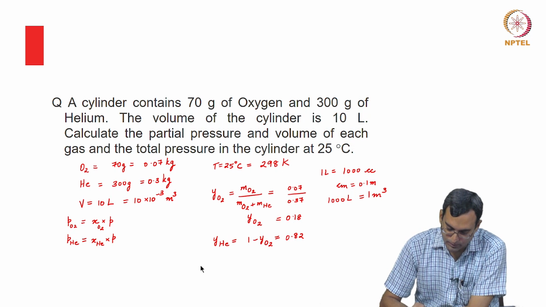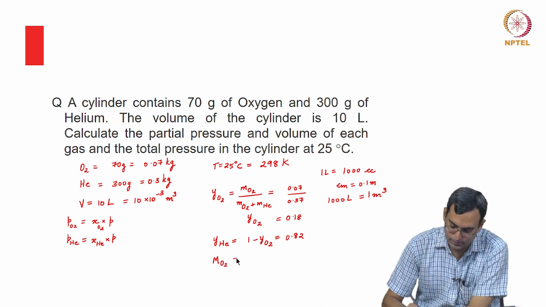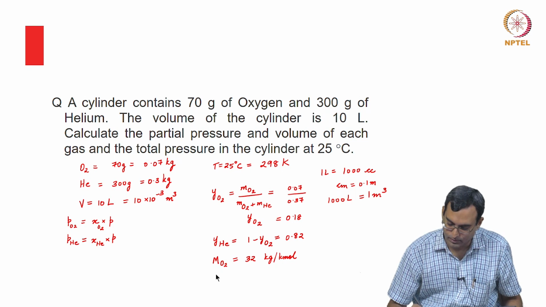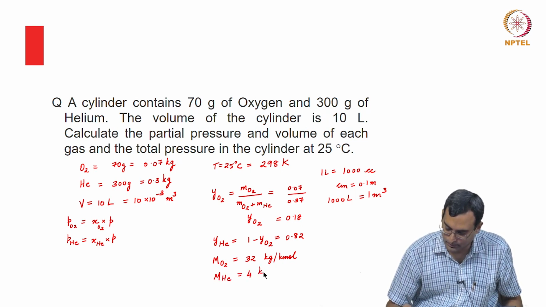The molecular weight of the mixture we need to find. So, molecular weight of oxygen is essentially 32 kg per kilomole. The molecular weight of helium is 4 kg per kilomole.